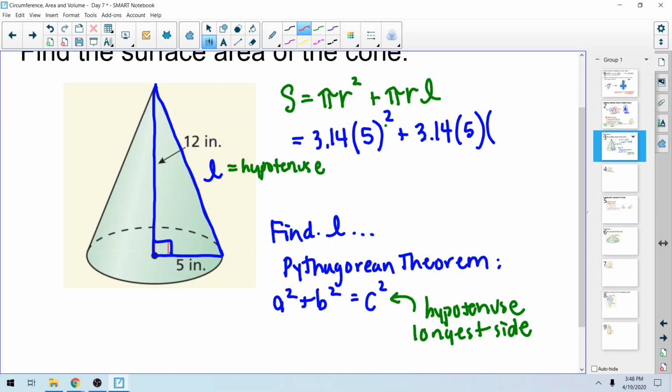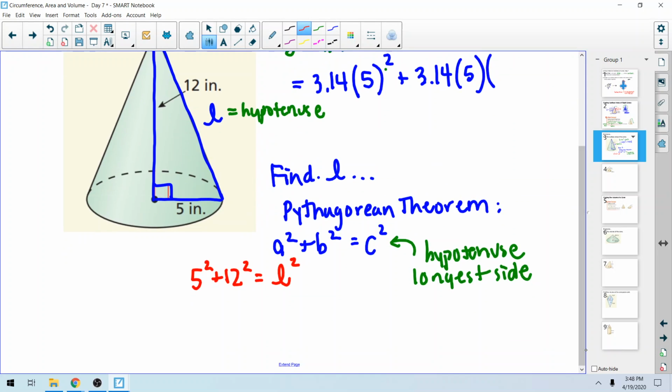I'm going to substitute them in: 5 squared plus 12 squared equals L squared. Then I'm going to simplify. 5 squared is 25, plus 12 squared is 144, equals L squared.